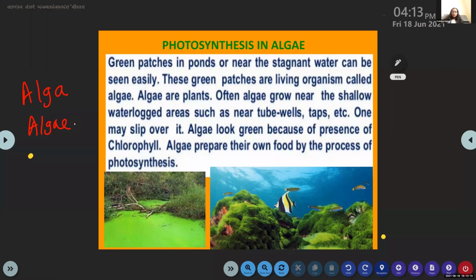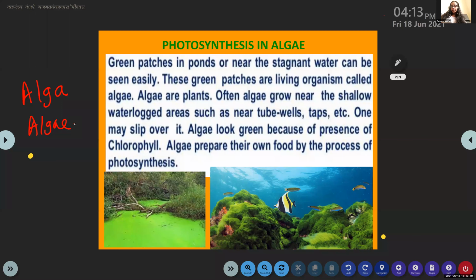Photosynthesis in algae, only for your knowledge. Green patches in ponds or near stagnant water can be seen easily. The green patches are living organisms called algae. Algae are plants.